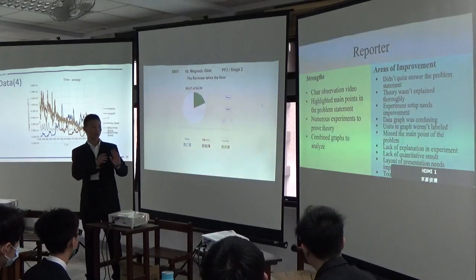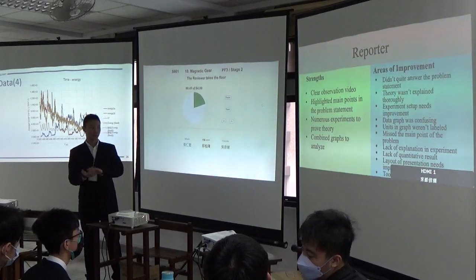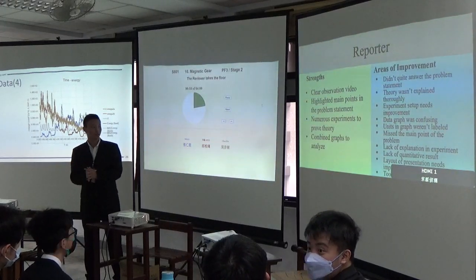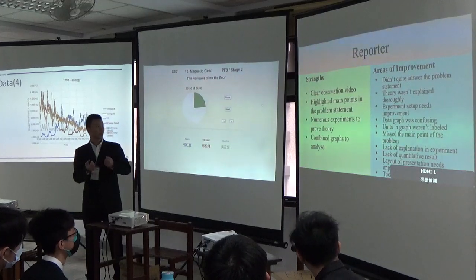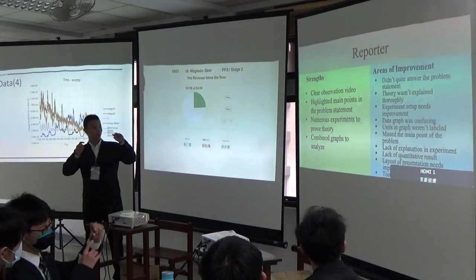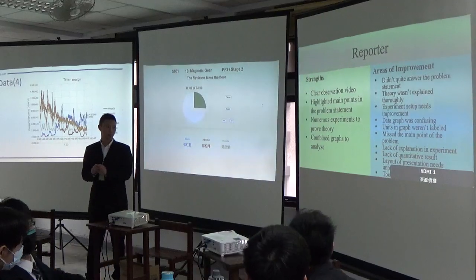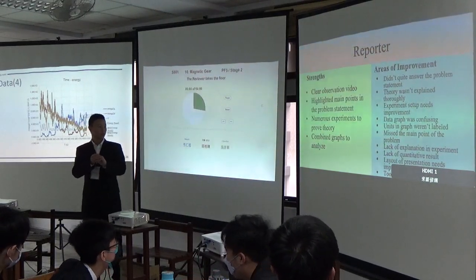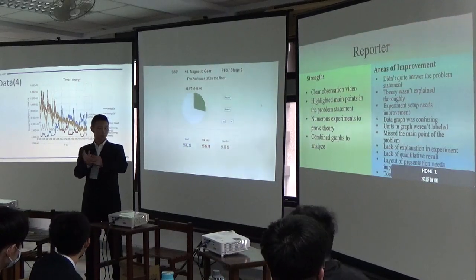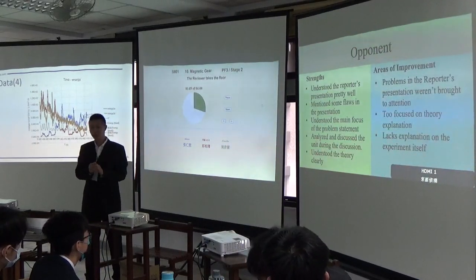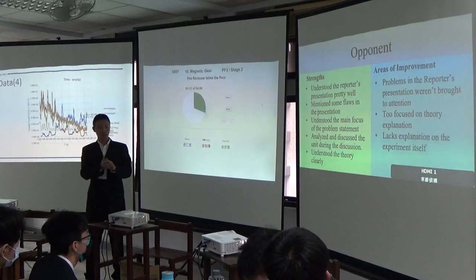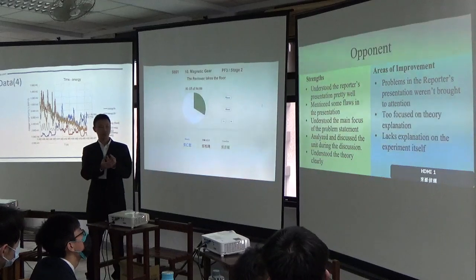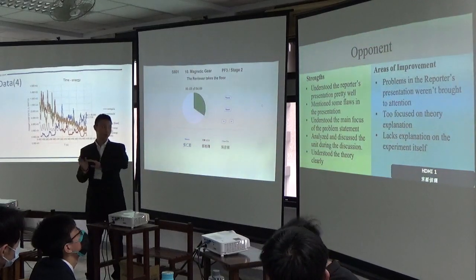And most of all, we think that the data graph was confusing to understand, and the units in the graphs weren't labeled. And okay, so he also lacks the explanation in the experiment and the quantitative results, and his presentation needs to be improved. So as for the opponent, I think he has understood the reporter's presentation pretty well and mentioned some flaws in the reporter's presentation.